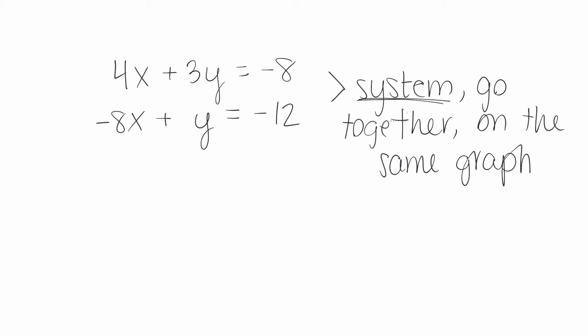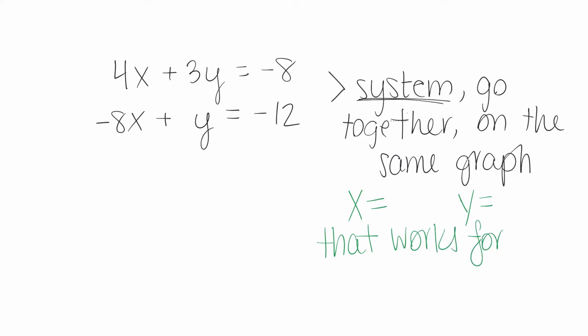So our question is, in the system, what is x? We're looking for an x and a y that works for both. So our goal in this system is to find something that makes both of them true.